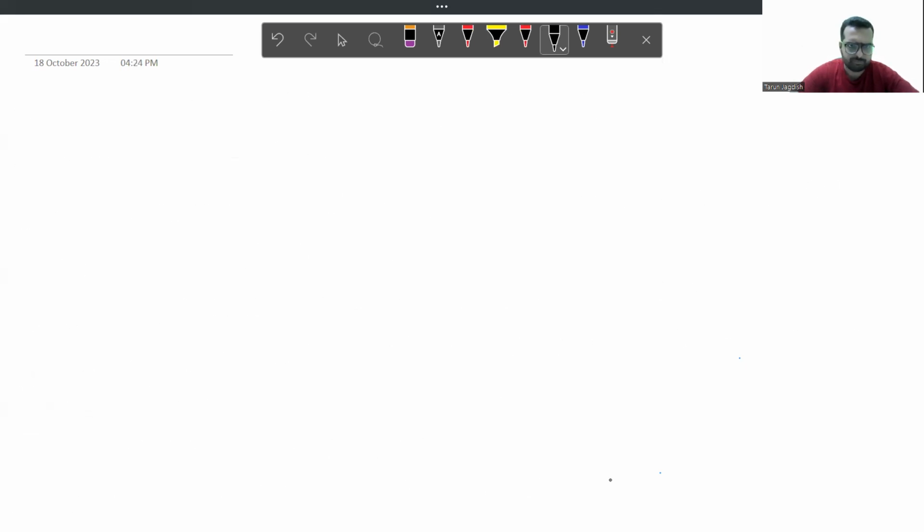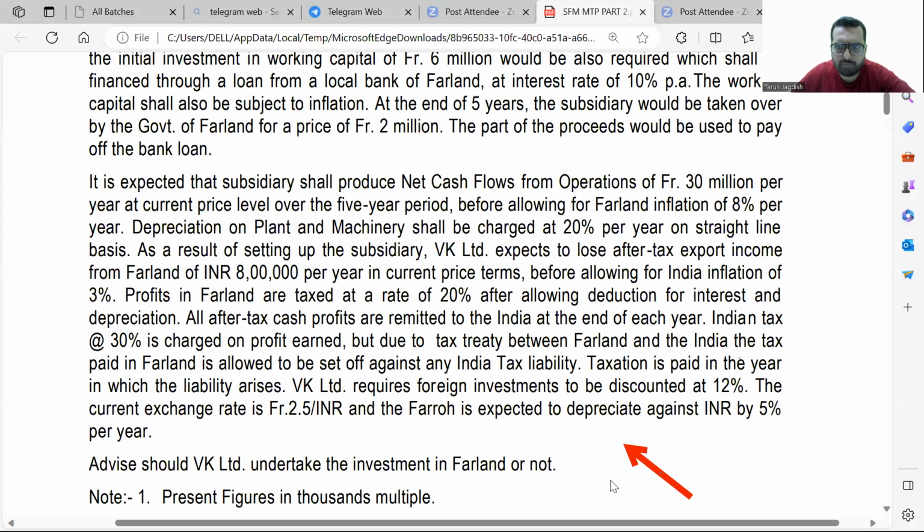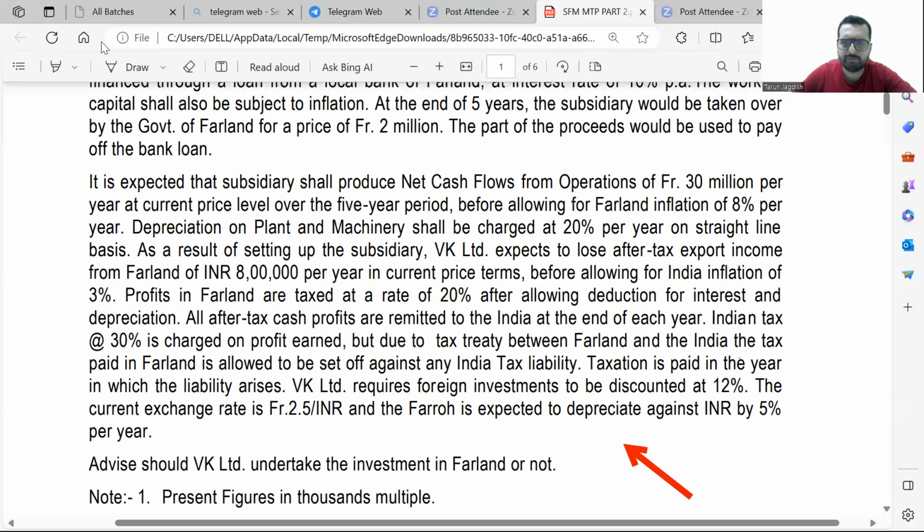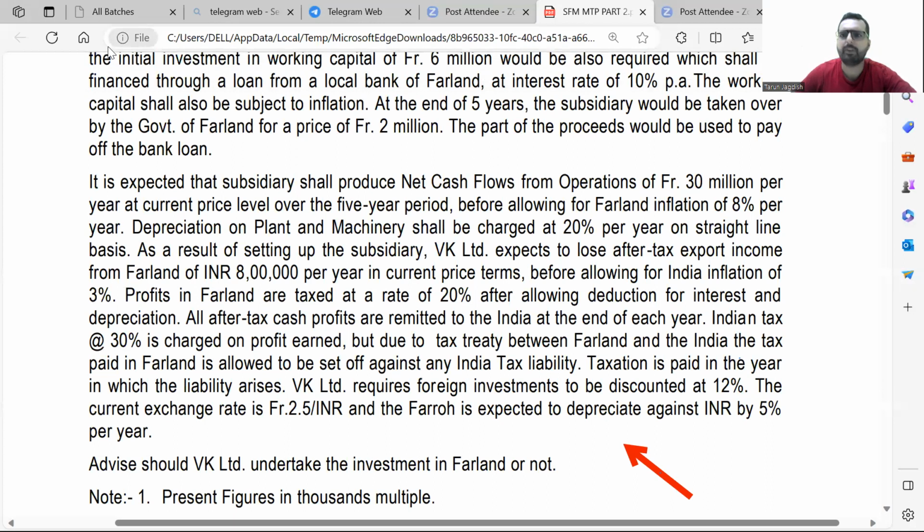Okay. Now, I think once you're clear so far, let me just come down. As a result of setting up of the subsidiary, VK Limited expects to lose after-tax export income from Farland of 8 lakh per year in current price terms. So I'll continue writing here, HIJ. What's the name of the company? VK.